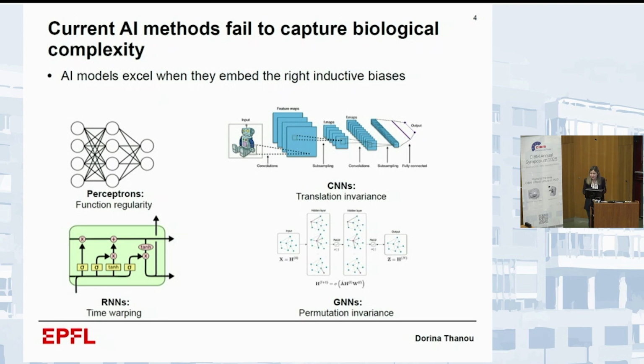Graph neural networks are architectures for network type of data where the prior has been that of permutation invariance, meaning that if you change the position of a node in a network, that shouldn't change how you represent that node. So in all these setups, we have seen a lot of success in machine learning, in AI models that follow these inductive biases.